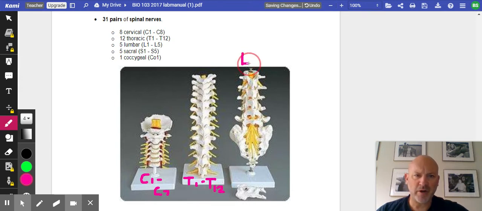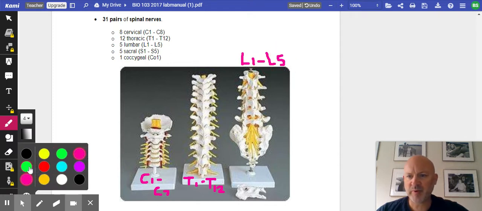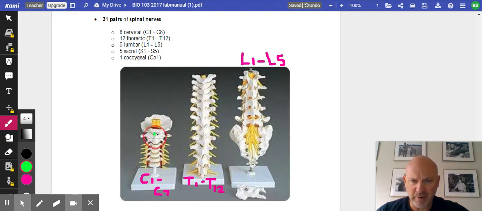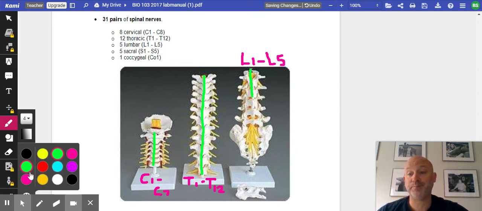Finally to the lumbar, which is L1 to L5. So our spinal cord would begin at the foramen magnum, go all the way down here through all the cervical vertebrae, through all of the thoracic vertebrae, and go through somewhere between L1 and L2 where it would stop.